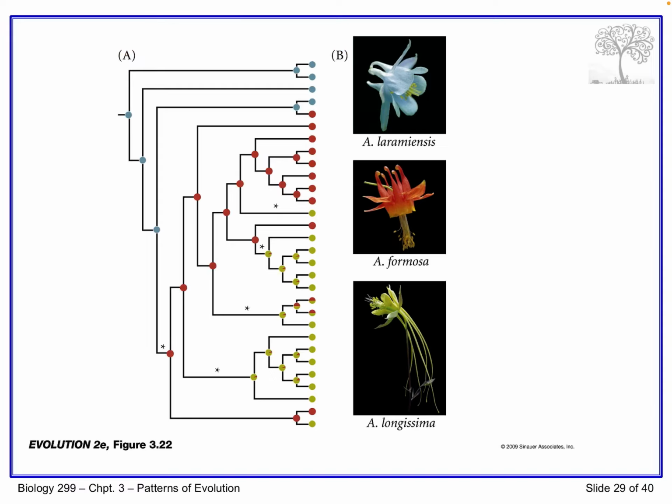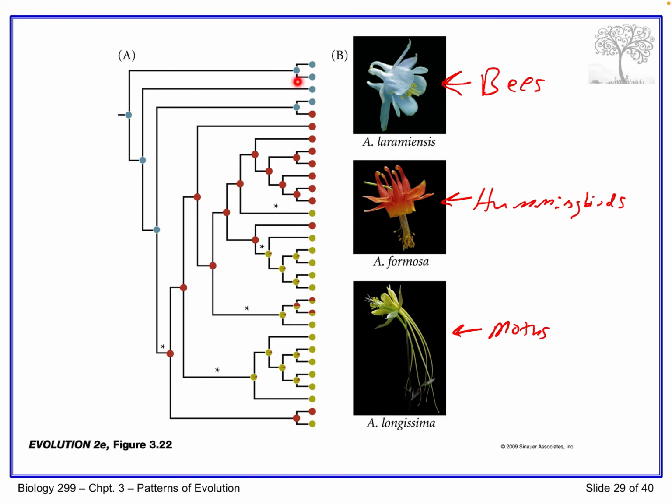Here's a good example. This is a trend for the shifts in columbine pollinators from bees right here. So here we have bee pollination, or plants that require bee pollination, okay? And to hummingbirds. So these particular species of columbines are pollinated by hummingbirds, and then these on the bottom are pollinated by moths.